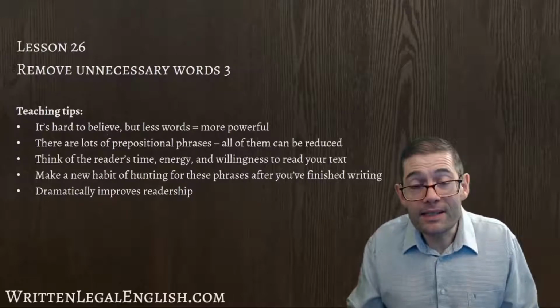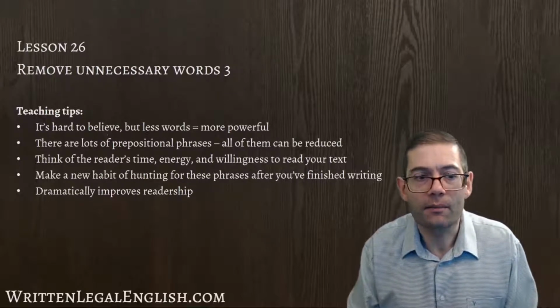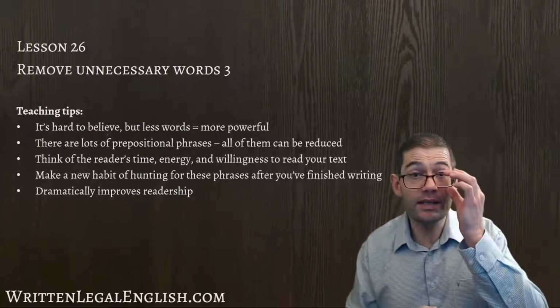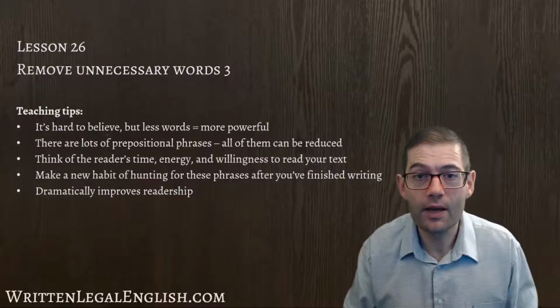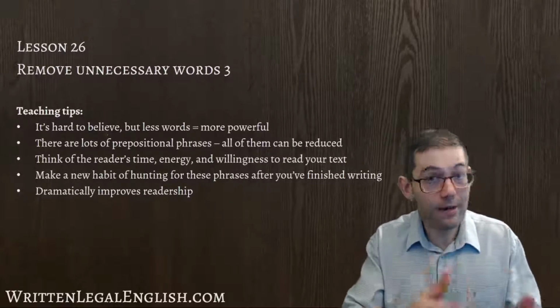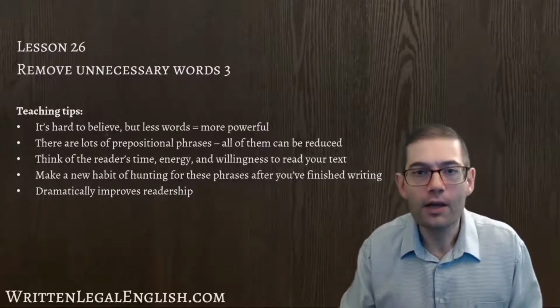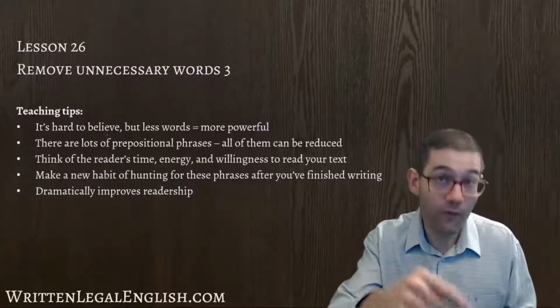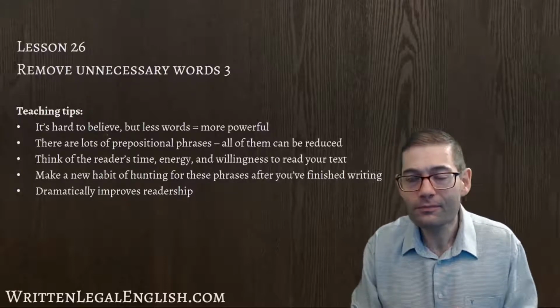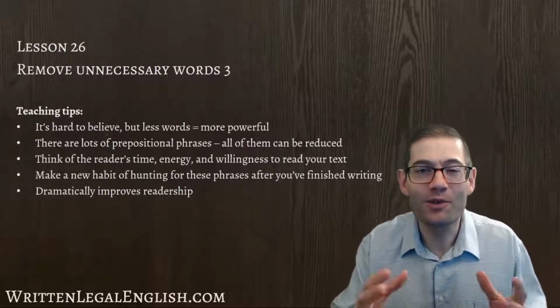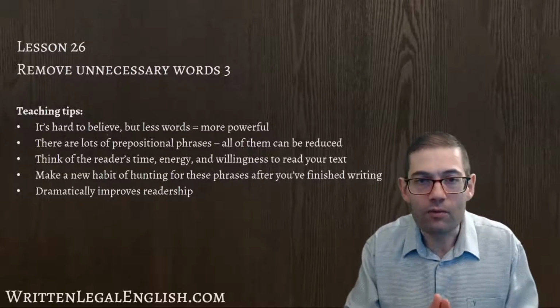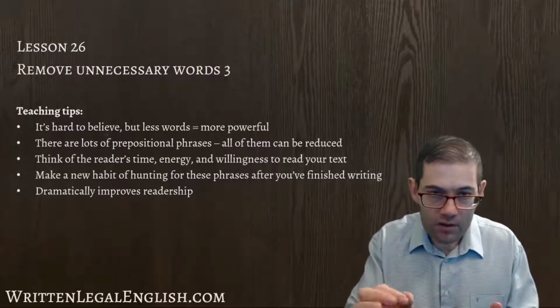And this is an easy thing to get right in your writing. Make a habit of hunting for these phrases after you finish writing. So once you do some writing, and now you know what some of these phrases are, look for those phrases in your writing as you're reviewing your writing, and then simply change them.